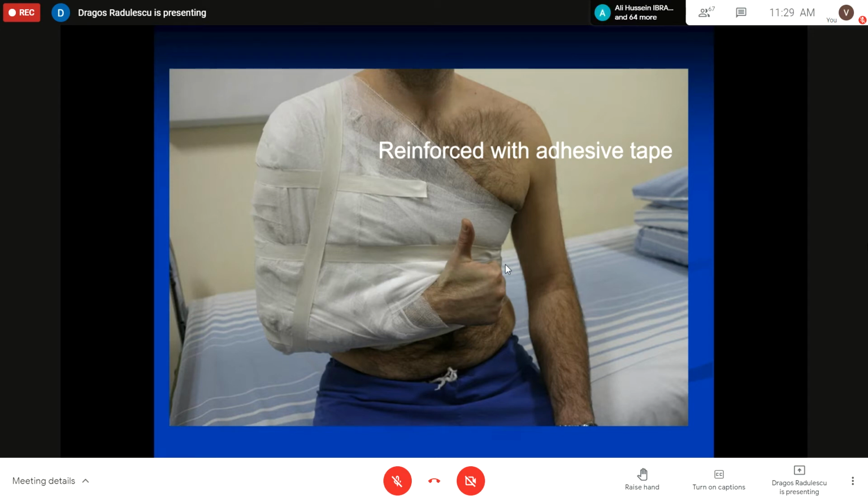As I said, because you need to keep this in total for 3 weeks, you need to have the patient come for checkups. These checkups need to happen weekly for two reasons. One, because the patient breathes, the bandage will loosen itself, which means that it will require changing at a certain point.